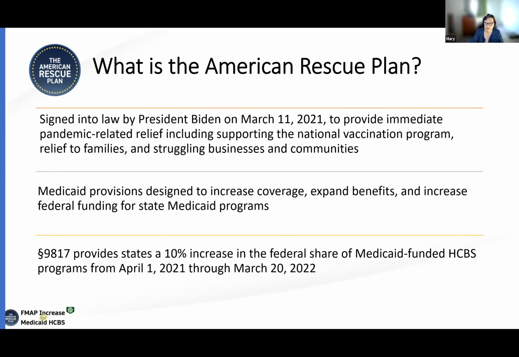So that's the period of time that we can collect the additional 10%. Essentially, Medicaid pays a larger share of each claim, which is called the FMAP, which allows states to use the funds attributed to the 10% bump for the purposes of the law.